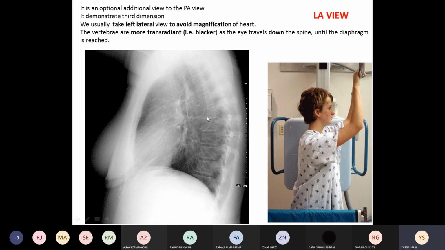So there is an increase of blackness of the vertebra when we go down on the lateral film. This is the most important normal appearance of the vertebra on lateral film, because if there is a pathology, this feature may be changed. So you have to know the normal appearance of the vertebra on the lateral view of the chest.